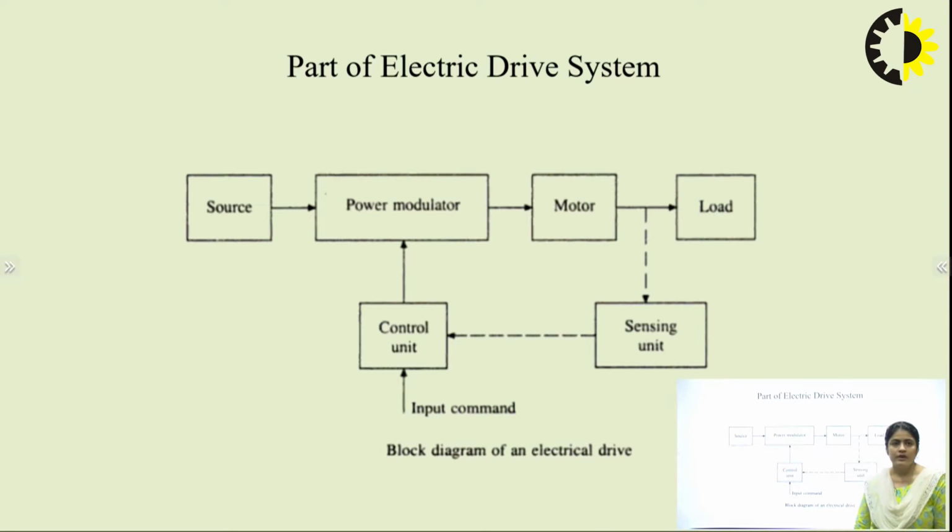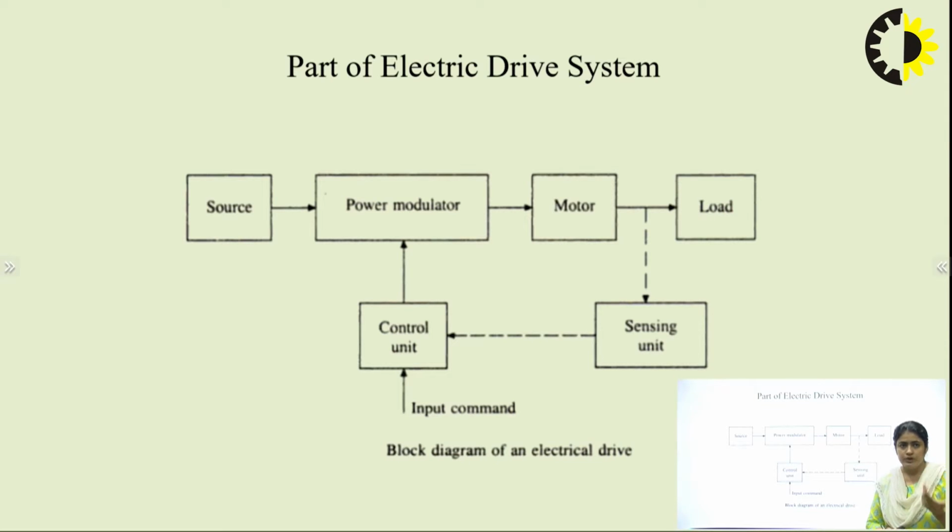In industry, many types of loads are there, and they have their own speed torque characteristic. To drive that complicated kind of speed torque characteristic, we must choose the motor and the power modulator, so the requirement of the load can be fulfilled, right?